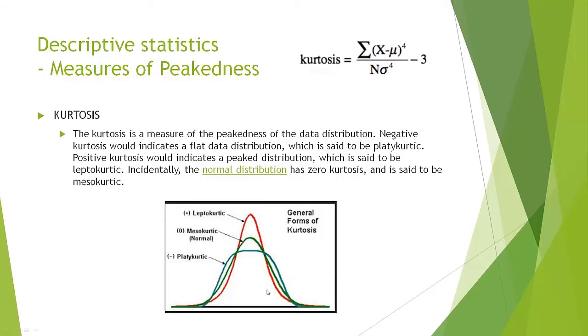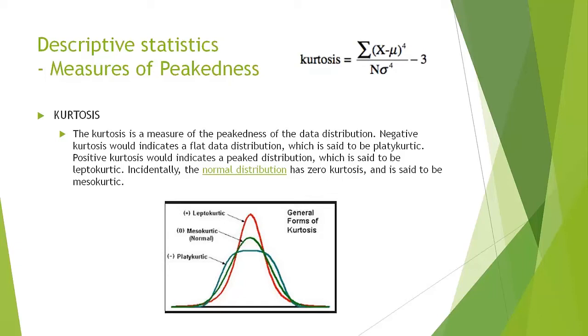If it is too peaked, then you say leptokurtic or positive kurtosis. If it is like a plateau, as you see this blue line, less than the standard normal distribution, which is the green one, then you say platykurtic, because it looks like a plateau here. You can also say that it is negative kurtosis.